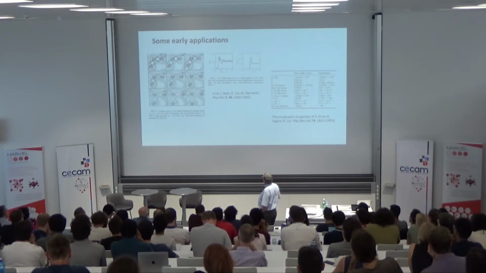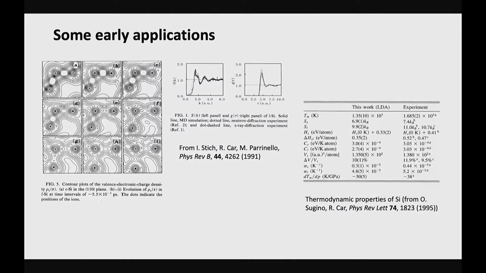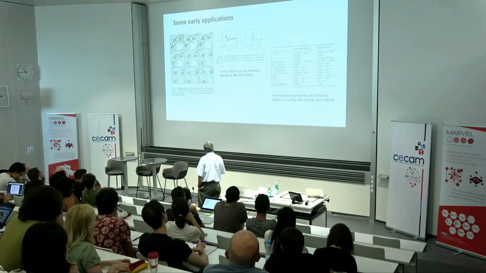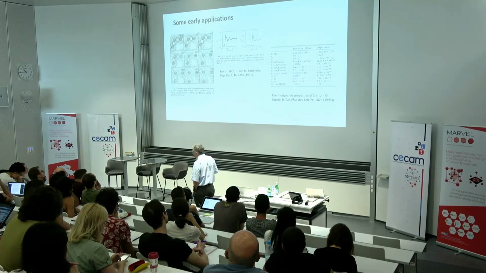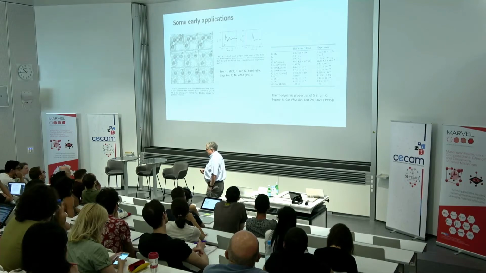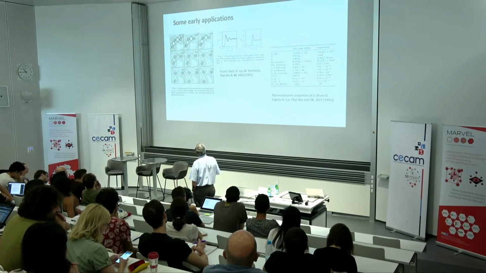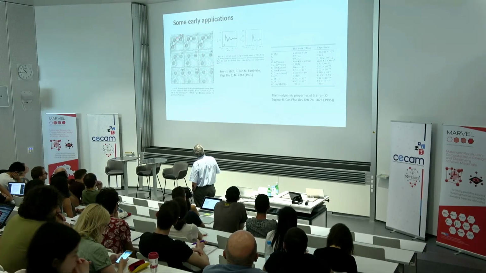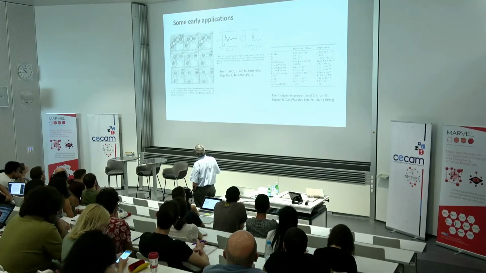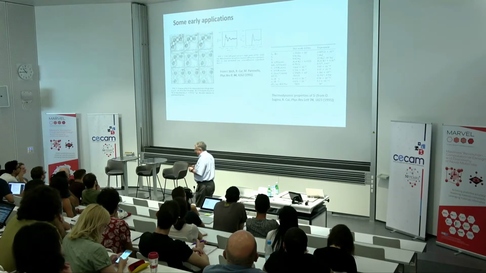So this was the liquid silicon that we were mentioning. This is taken from this paper by Ivan Stich, myself and Michele. Ivan was one of the first students we had in Trieste. You see here this is crystalline silicon. This was very popular in those days, coming from the work of Marvin Cohen.